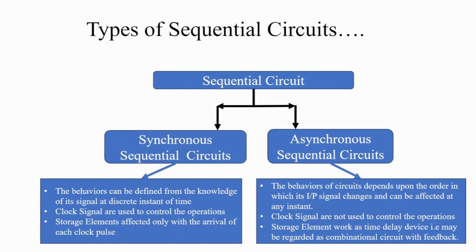Again, sequential circuits are classified into two categories: synchronous sequential circuits and asynchronous sequential circuits. How can we differentiate between the two? Let us take an example. Suppose this is a circuit.